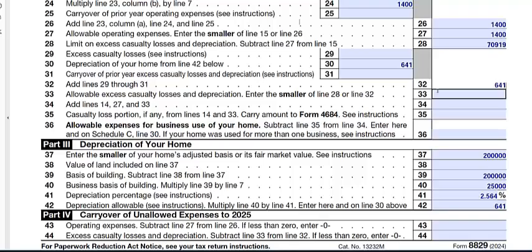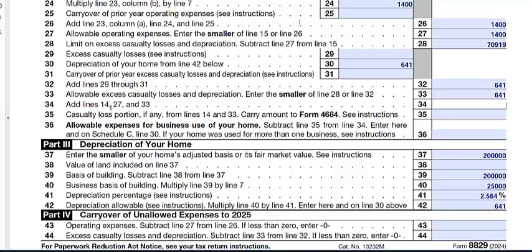And I need to enter the smaller of 28 or 32. So once again, our deduction for depreciation cannot exceed the remaining profit after we entered the expenses for the home office. So line 33 will just be 641.